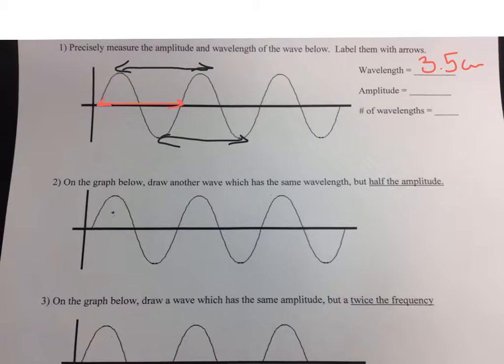Now, what about the amplitude? Where's the amplitude? It could be from here to here, or here to here, or any of the other ones that you have. Again, using my ruler to measure, we have 1.5 centimeters.